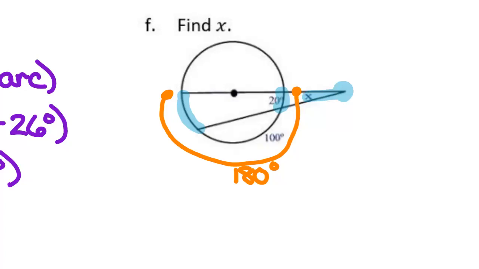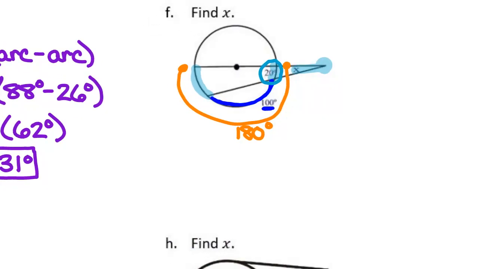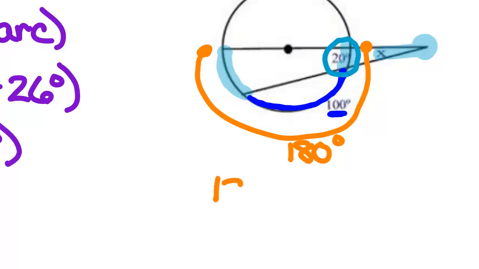Well, it says that the arc from here to here is 100 degrees. And the arc that I have highlighted, the little one, is 20 degrees. So to find that missing arc, I'm going to do 180 minus, and then I'm going to add the 100 and the 20 together.